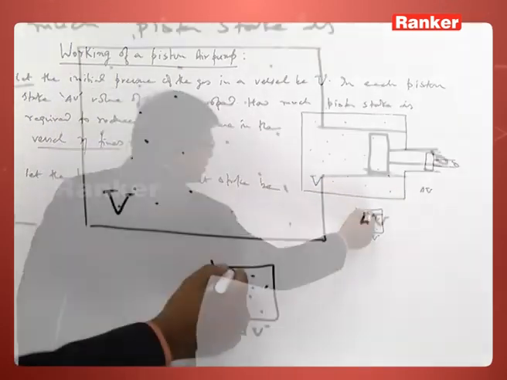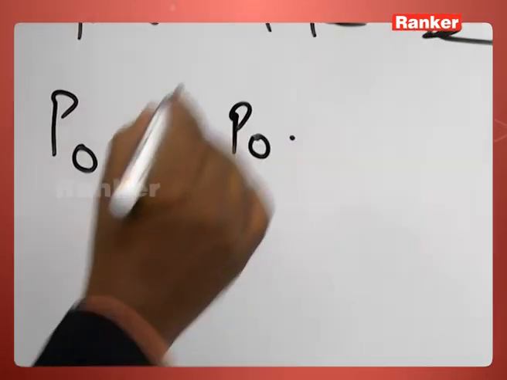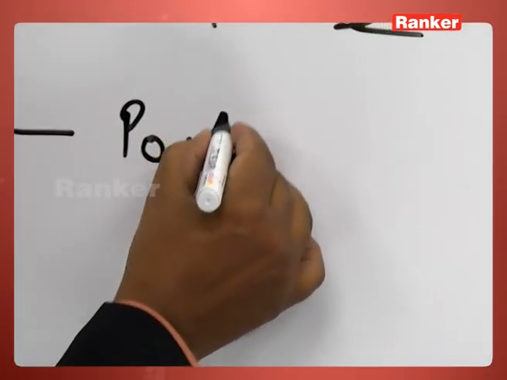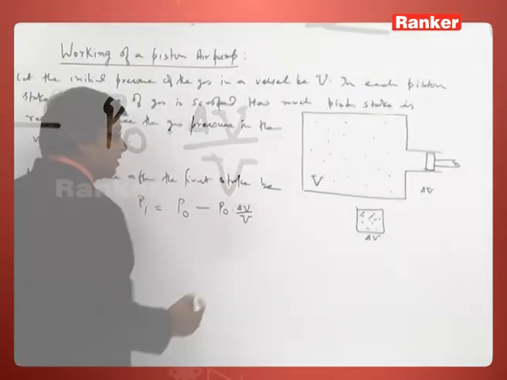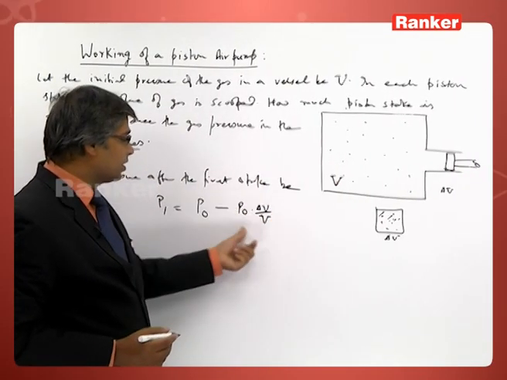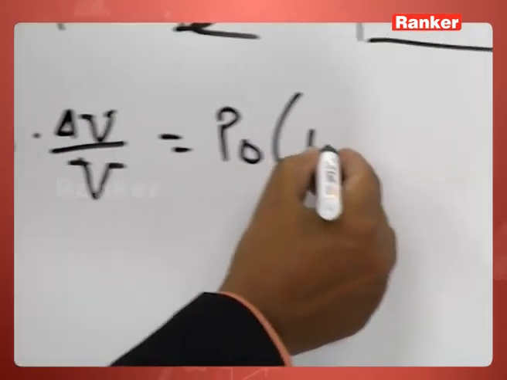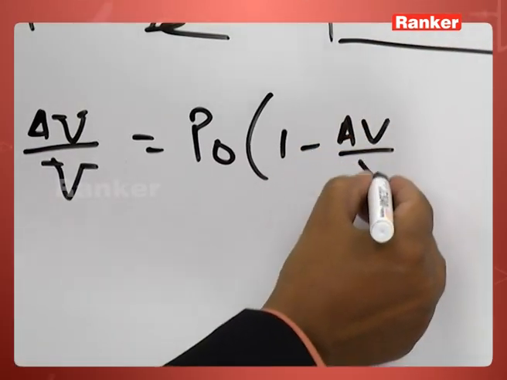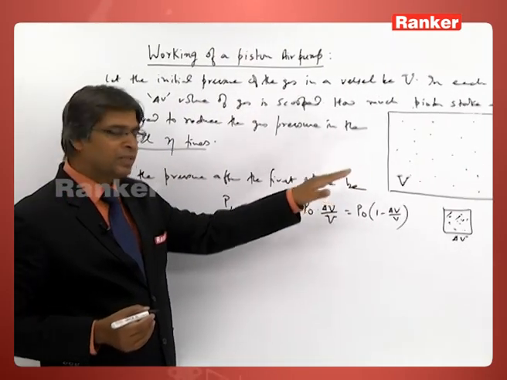So what is the partial pressure of this gas? The partial pressure is P0 into the mole fraction, that is delta V by V. So this is the mole fraction of that taken out. So we have P1 equal to P0 times 1 minus delta V by V. This is the pressure after the first piston stroke.